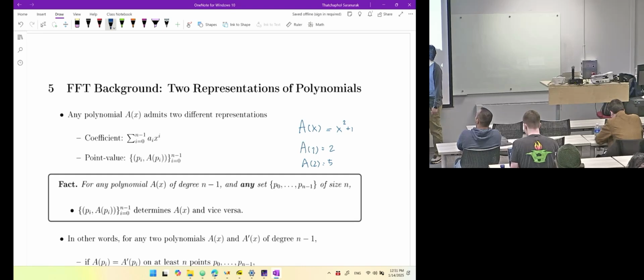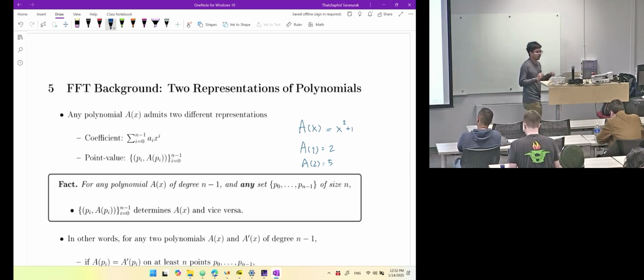Now, if I take any set of n points, from p0 to pn-1, then this point value evaluation actually would determine A. If you have n many points, there is a unique polynomial that evaluates to these values.